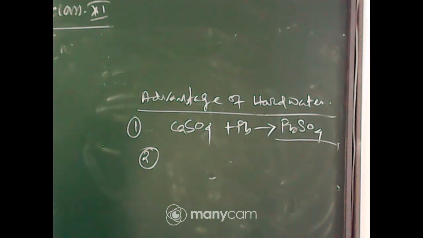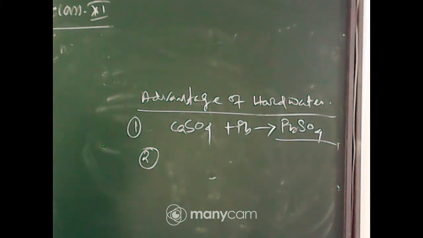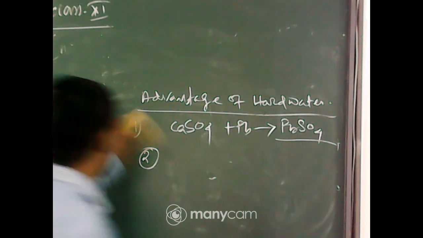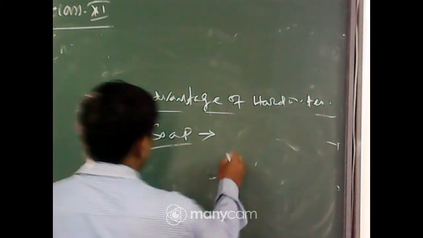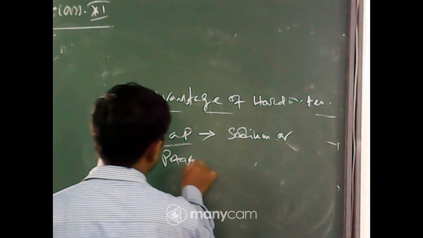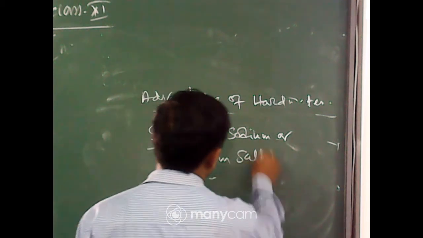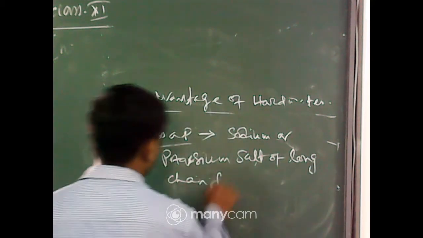What are synthetic detergents? The soap is a large molecule having a hydrocarbon part and a carboxylic acid part. It is the sodium or potassium salt of a long chain fatty acid.